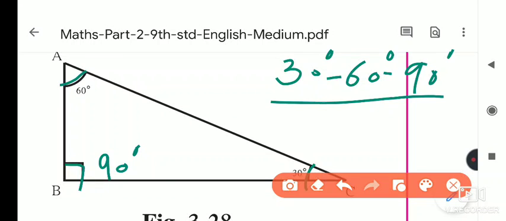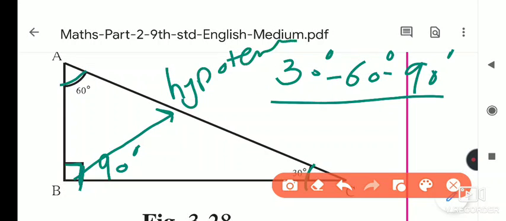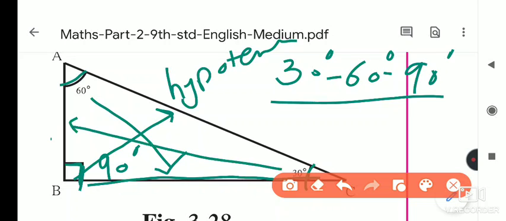As you know, this is a right angle, and the side opposite to the right angle is called the hypotenuse. Side BC is opposite to the 60 degree angle, and AB is opposite to the 30 degree angle.